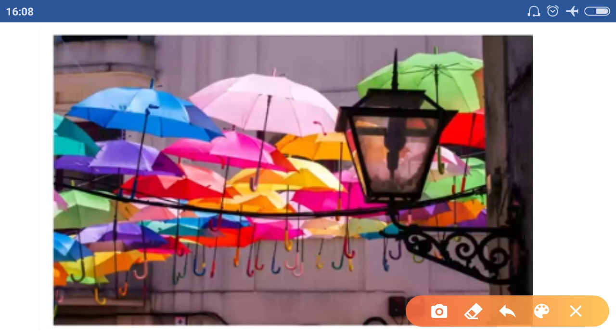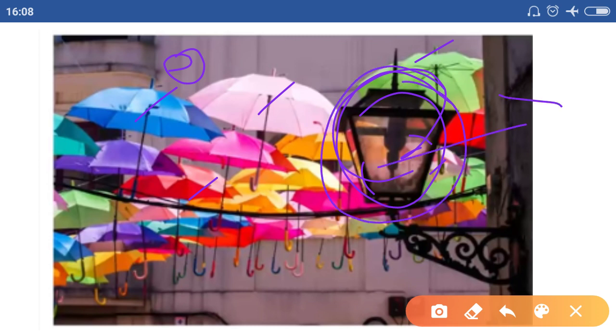Now what else you can see? Now let's talk about the objects. What is there in the picture? So lots of umbrellas. Okay, lots of umbrellas could be seen in the picture. But before that, this is the foreground, and this wall is the background. In the foreground we can see a lantern. Now how to describe this particular object?